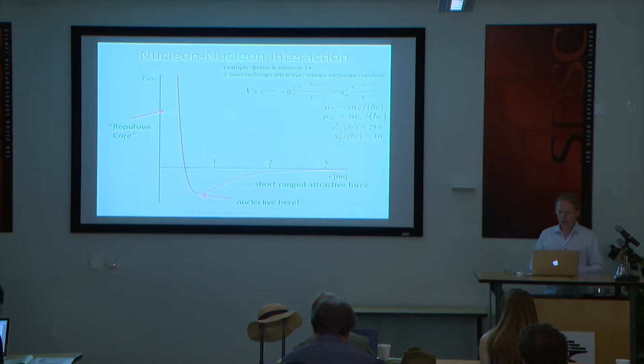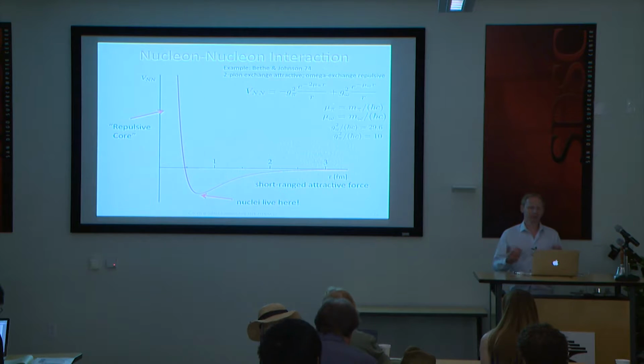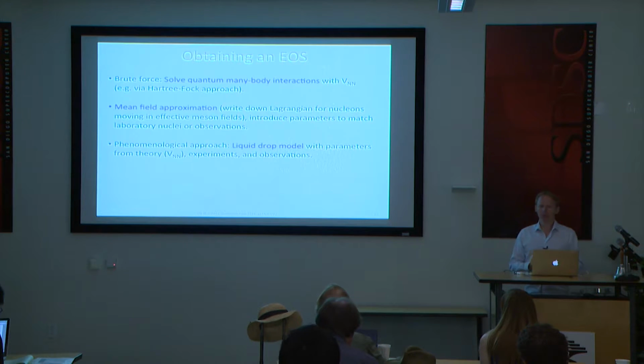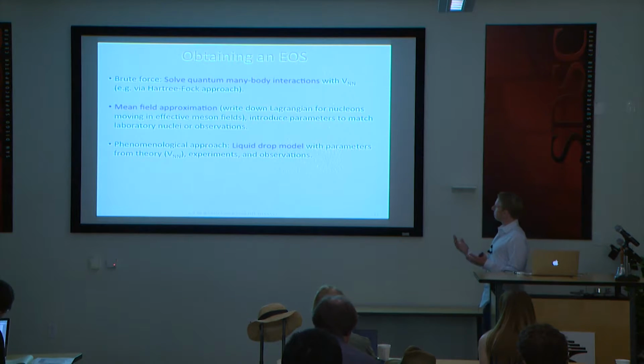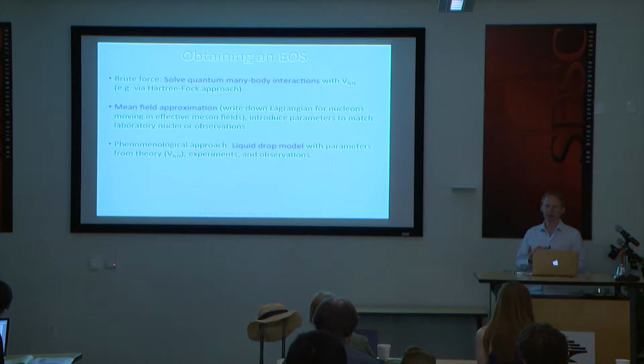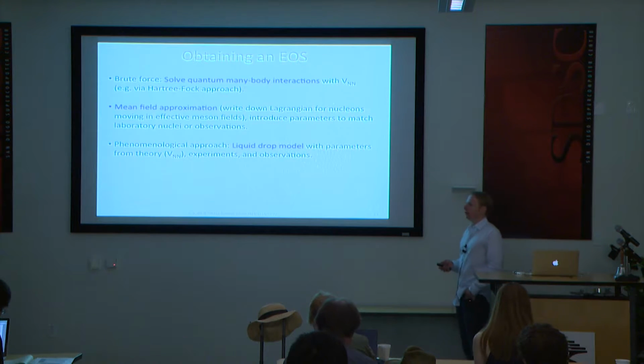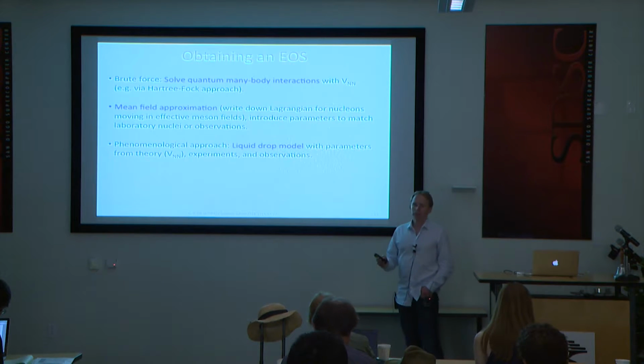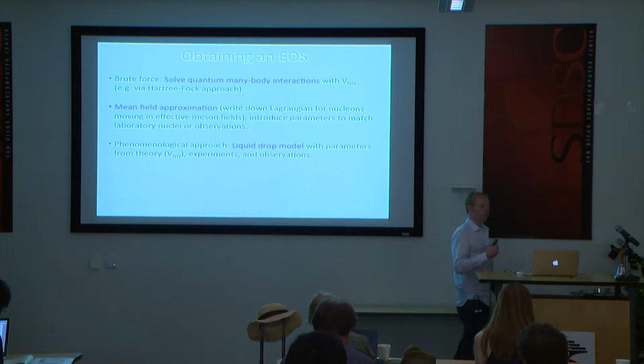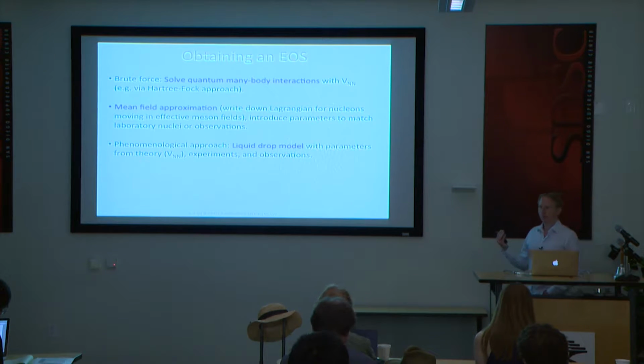What you now need to do to really write down the equation of state is to have some way of dealing with the quantum many-body problem. You can do this by a brute force calculation, just integrate. Use perhaps some approximation, like a Hartree-Fock approximation. You can make a mean field approximation. You can write down a Lagrangian for neutrons and protons in some mean field given by mesons.